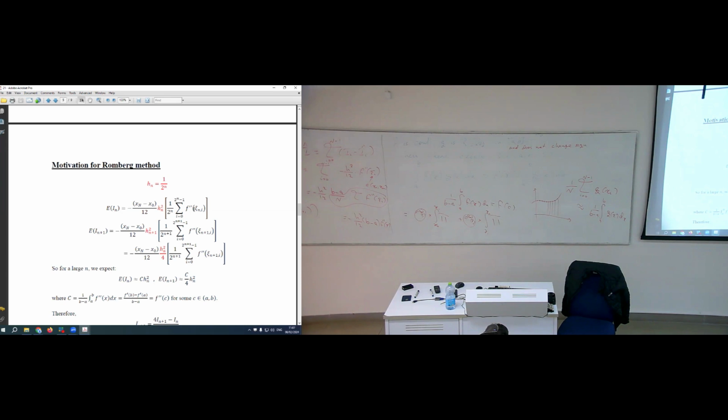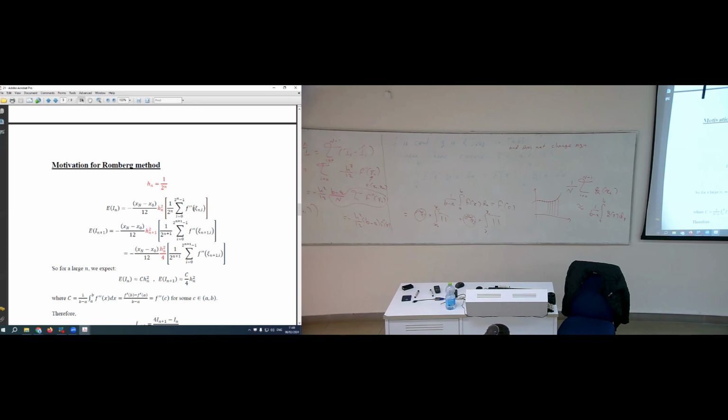This is the average of the function using 2 to the n points. This is the average of the function using 2 to the n plus 1 points. If n is very large, this is the average of the function plus a small correction, and this is also the average of the function plus a small correction, not the same correction.